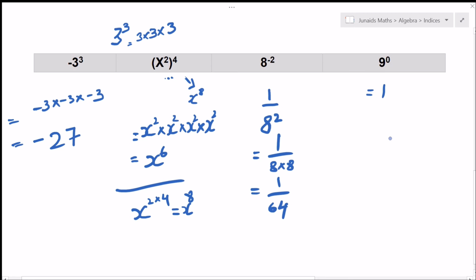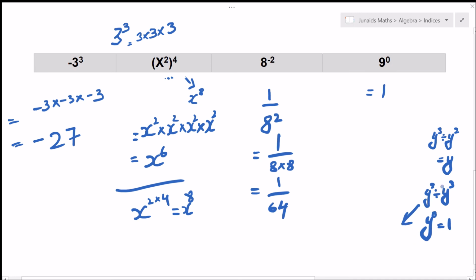We have seen previously that if we actually divide y to the power 3 by y to the power 2, we had an answer of y, meaning 3 take away 2. But if I had y to the power 3 divided by y to the power 3, the answer is actually going to be y to the power 0, or in other words, 1.